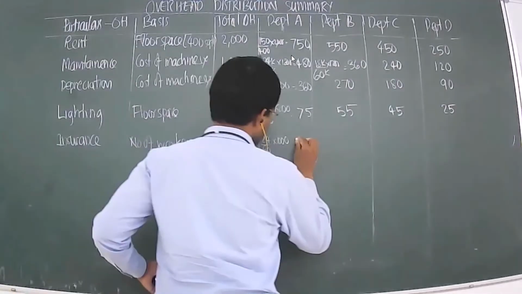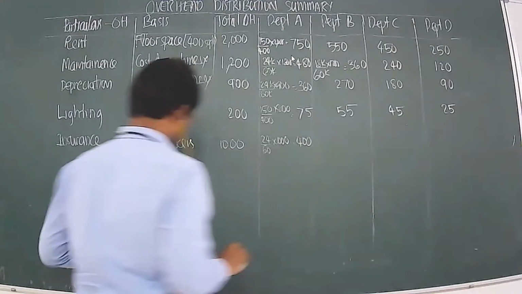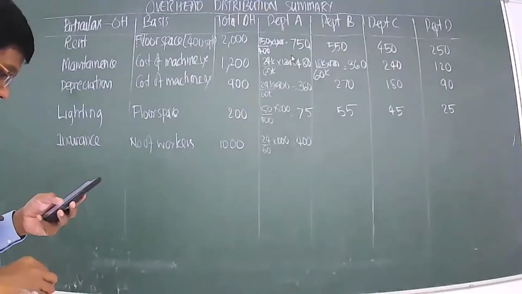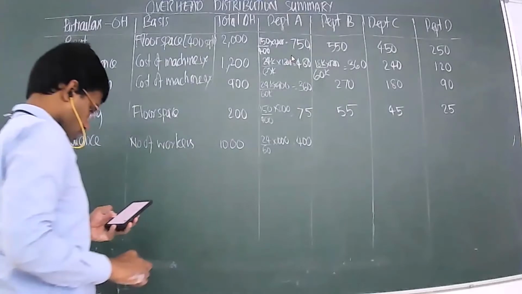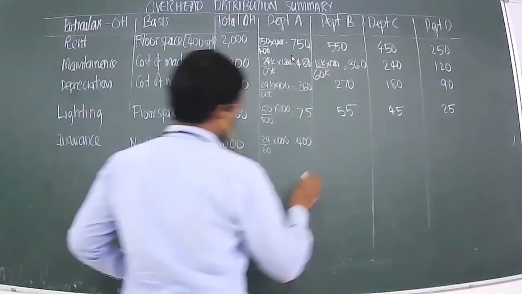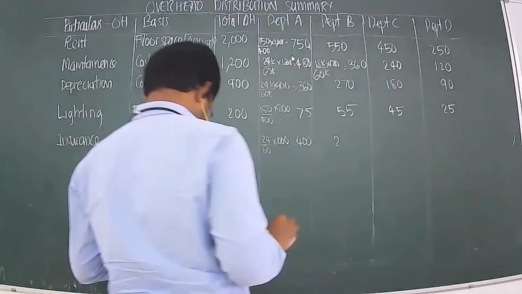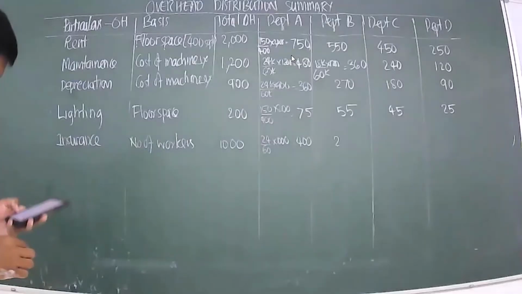So first one, this is 400. Next one, this will be two. So let me just see.